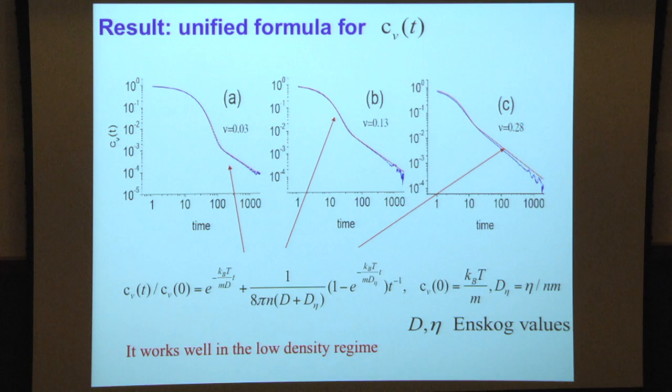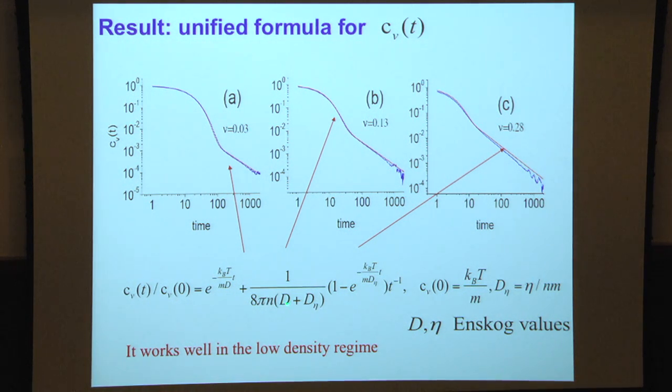Okay, let's continue with another result. Based on the mechanism I have not explained to you, I can obtain such a uniform formula for the autocorrelation function of velocity fluctuations. It looks like this formula.